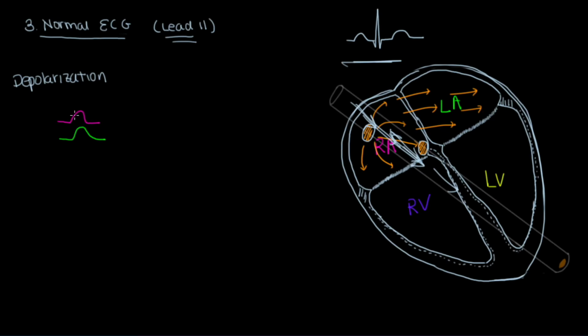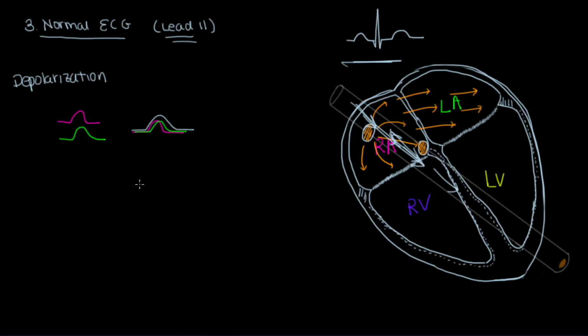So that's why we have the upward deflection up here, upward deflection up here, and the overall ECG that you'd see from lead 2 would be the addition of both of these. So if you were to put them right on top of each other, like so, you would end up with the overall outcome of kind of like that.